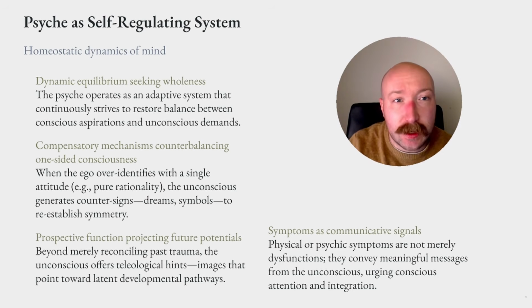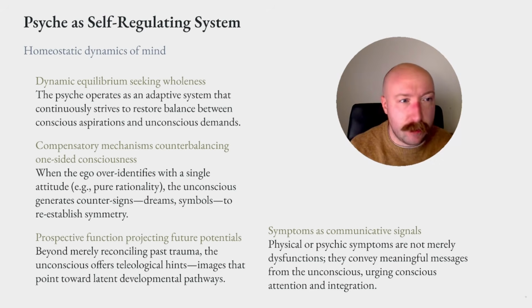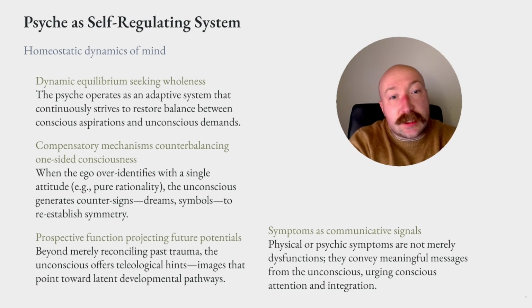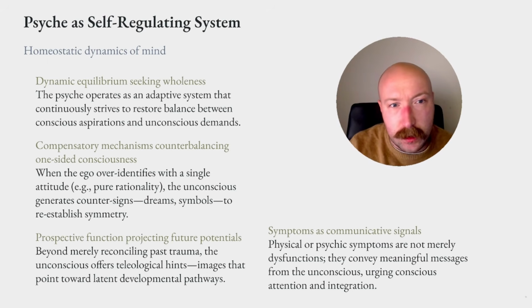What is a self-regulating system if not that which seeks balance, and therefore the warning signs of this are imbalance. Maybe you're emotionally imbalanced, maybe you're intellectually imbalanced. And for me, that practice is one of the greats for that. But the psyche, then, as a self-regulating system, it's dynamic equilibrium.